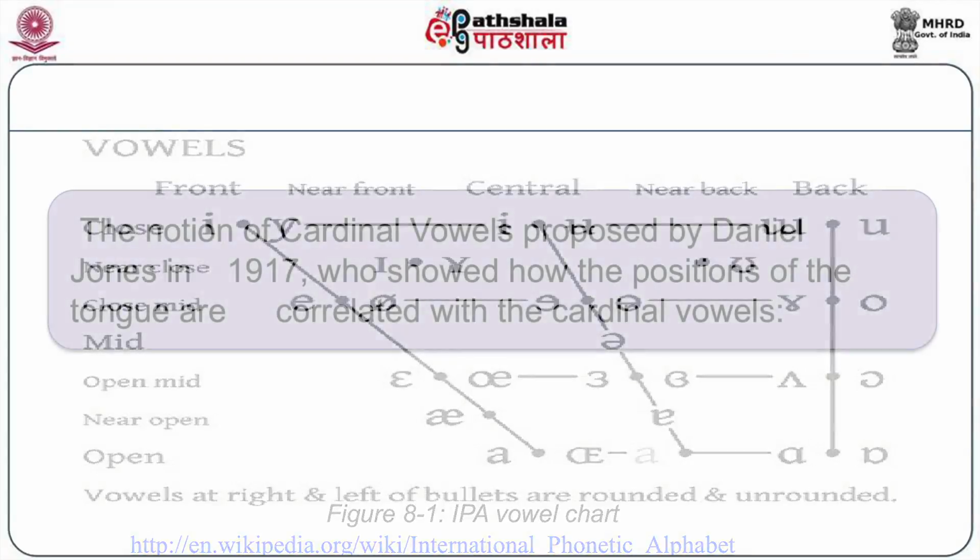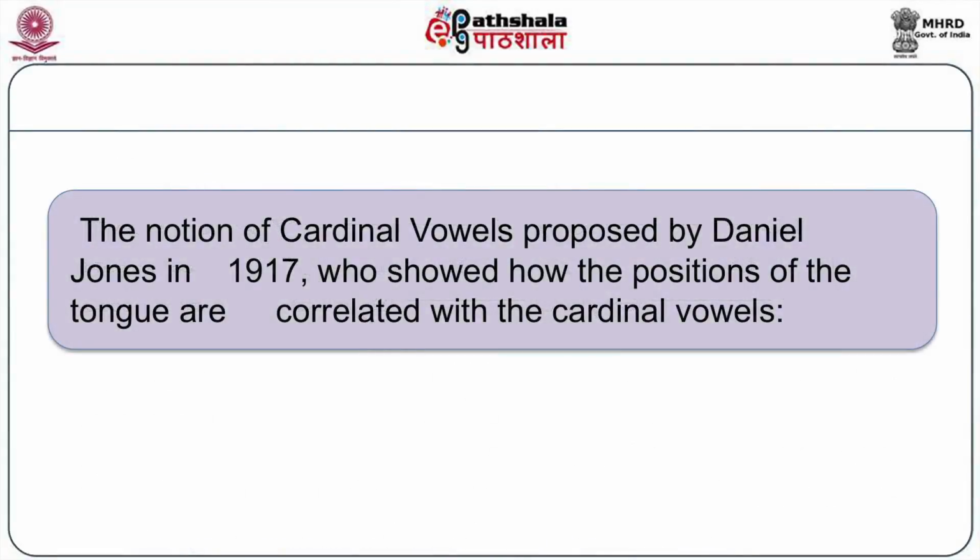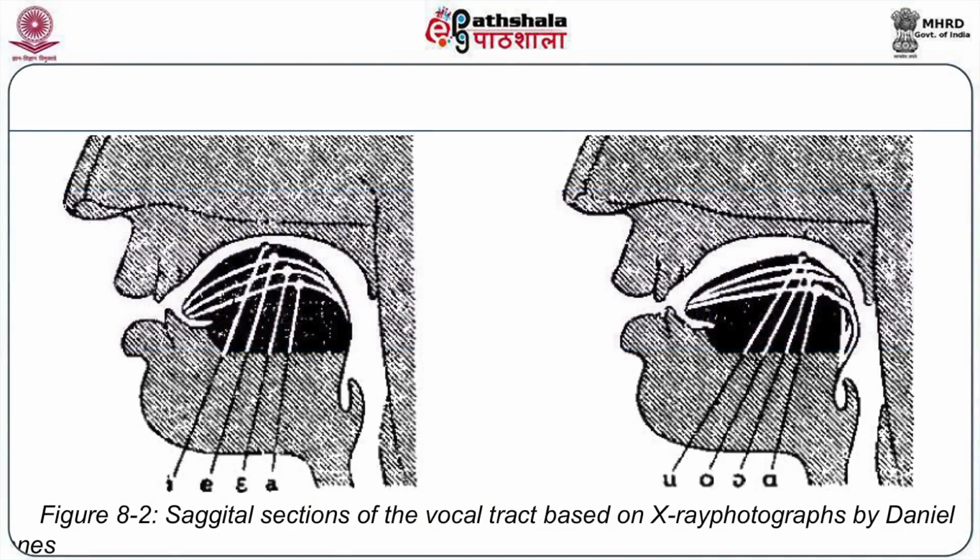Now, the notion of cardinal vowels was mainly proposed by Daniel Jones in 1917, although the notion had existed before him. But he explicitly showed, as can be seen in figure 8.2 that follows, how the positions of the tongue are correlated with the cardinal vowels. Now, you have these two pictures.